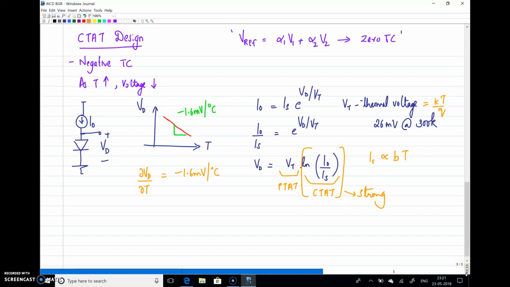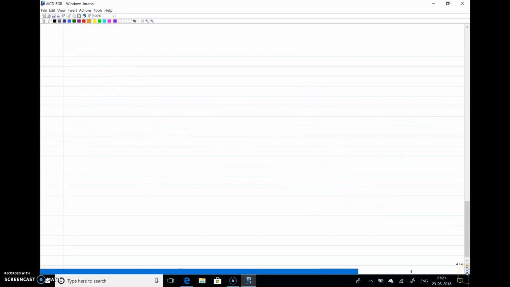Now the next question is how to get PTAT. We'll see how we can get a PTAT behavior, or how we will do a PTAT design. Again, as we discussed just before, to get a proper temperature coefficient, diodes or transistors are the best devices to provide well-defined positive and negative temperature coefficients.